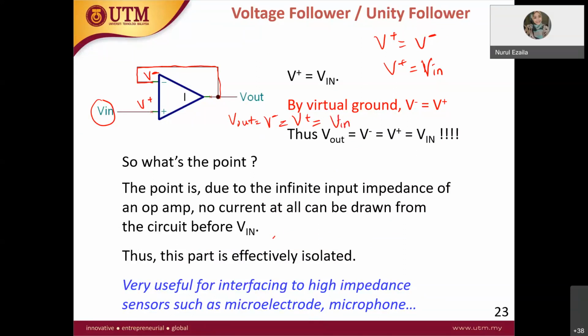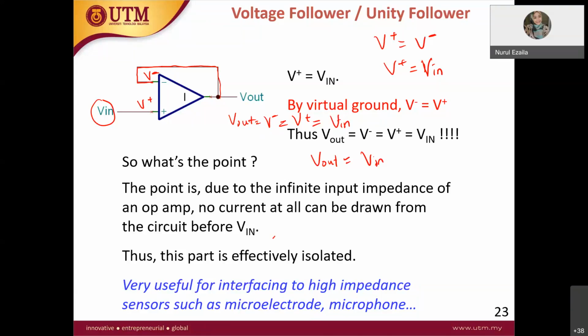For this case, it is very straightforward. Usually we want V out equal to V in without any noise, so we use the unity follower amplifier. Basically, V out is equal to V in. That's it. So why do we use an op-amp? Because we want to get the exact input.